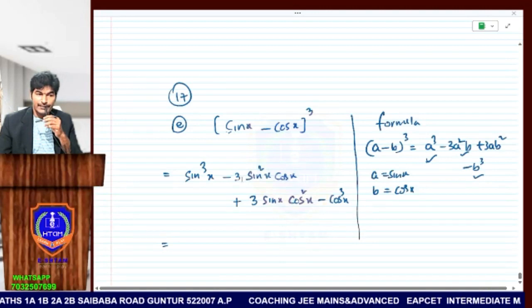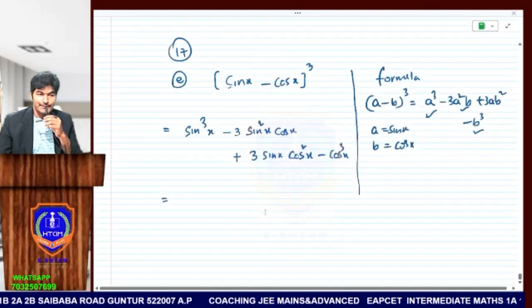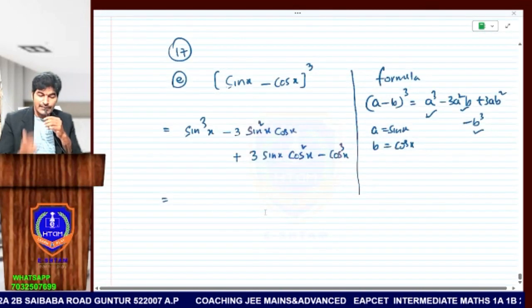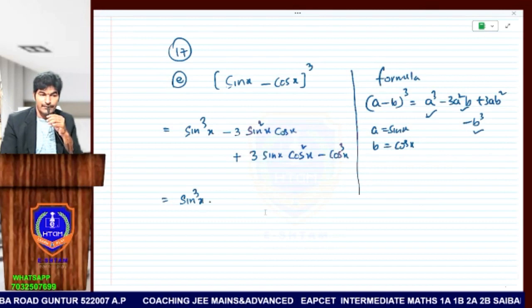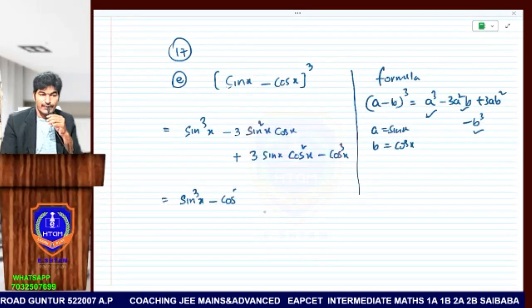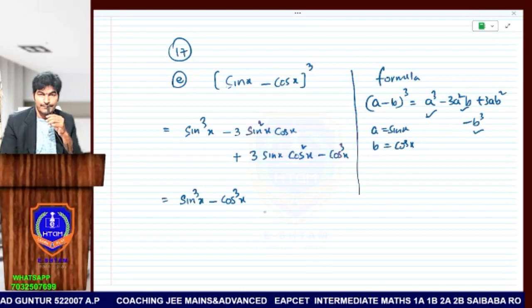But we have 3. What it means, you have to solve these 3 also. So, first, according to our idea, we will write sin cube x, the first term, and minus cos cube x, the last term, together. Understood up to that?